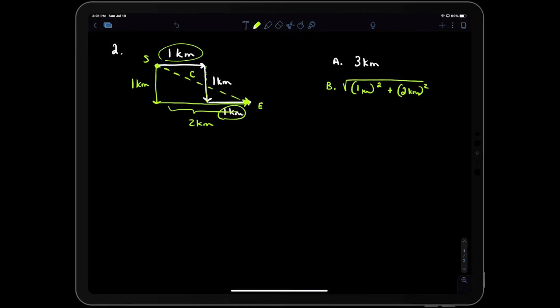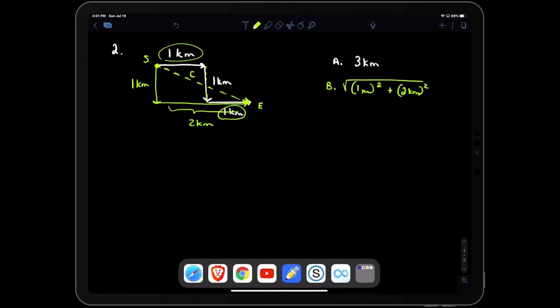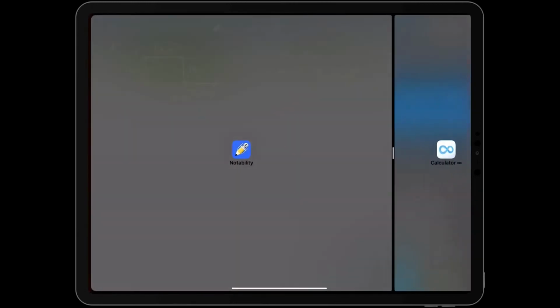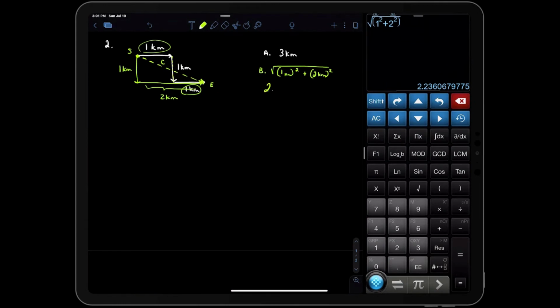All right, so again, calculator time, so that way you know how to put this into your calculator correctly. We're going to go square root, 1 squared plus 2 squared, close it up, and you have 2.2. We'll leave it at 2.2 kilometers.